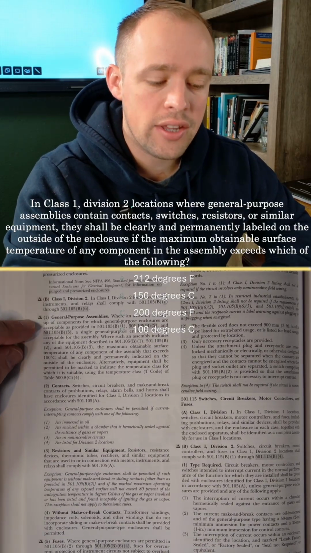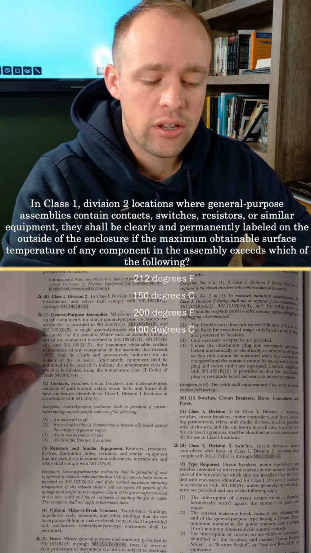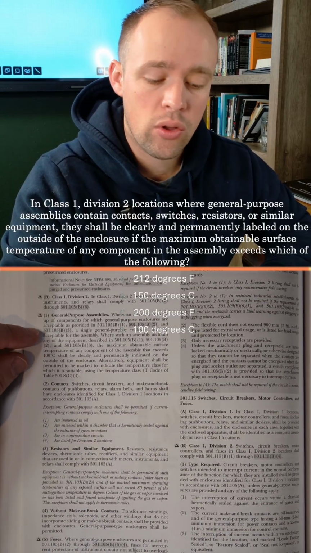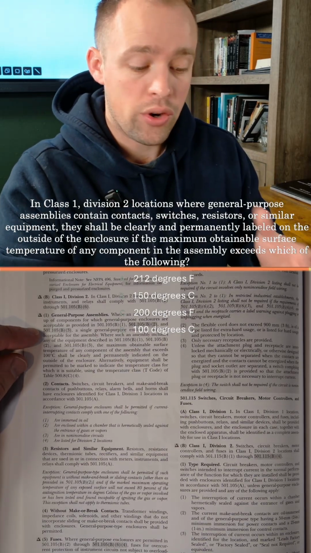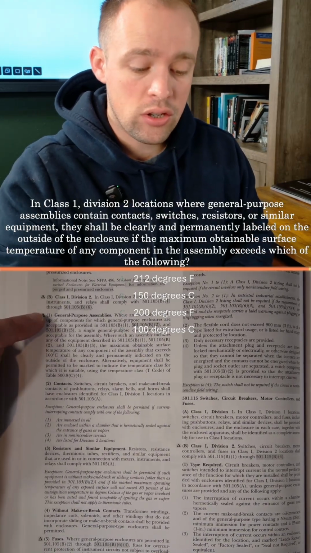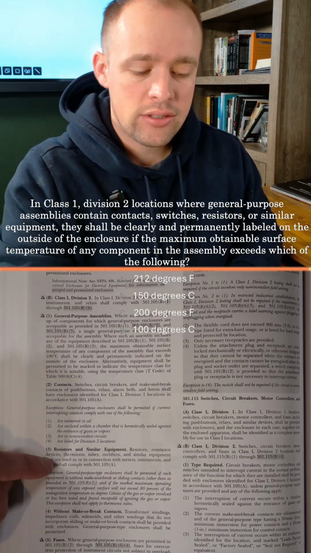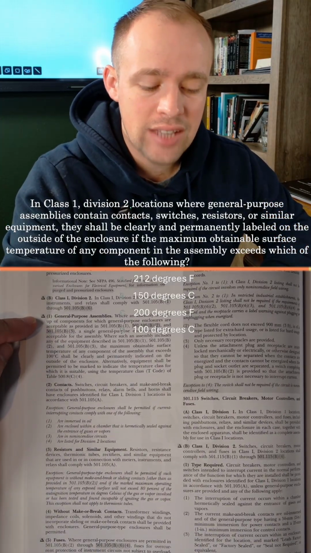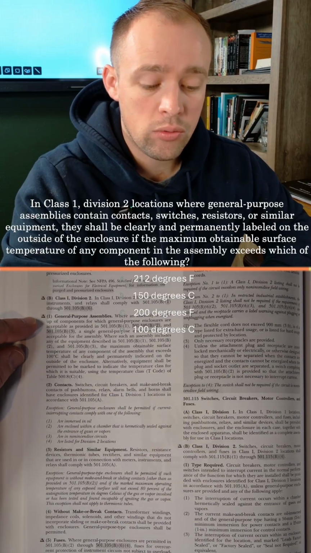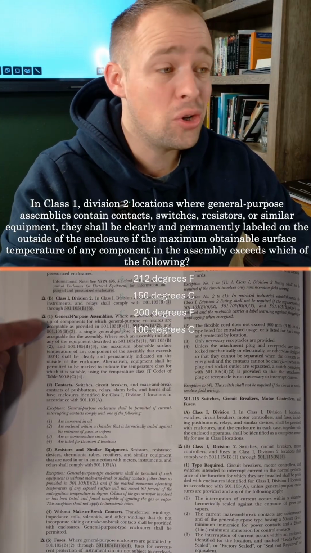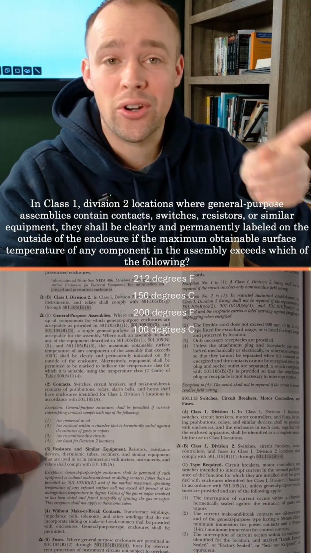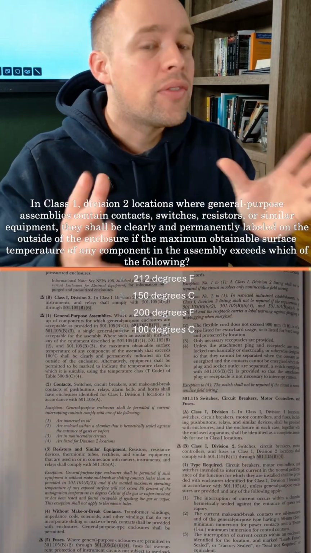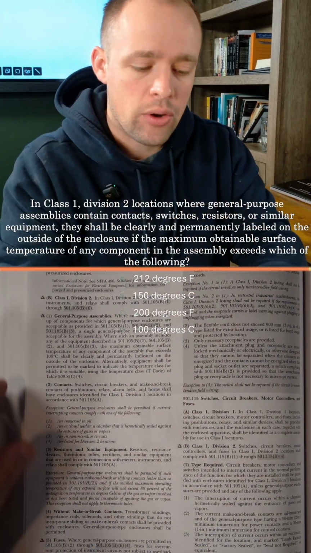It says where an assembly is made up of components for which general purpose enclosures are acceptable as provided in 501.105 B1, B2, B3, a single general purpose enclosure shall be acceptable for the assembly. So 1 is general purpose assemblies, 2 is contacts, 3 is resistors and similar equipment. So now I'm positive I'm in the right area. It's verbatim to our question now, okay?